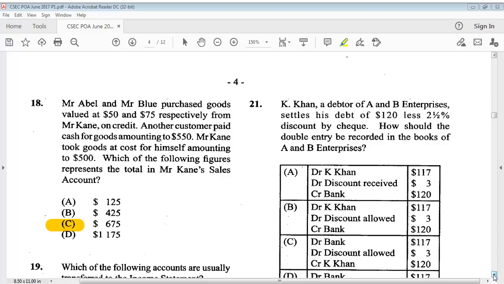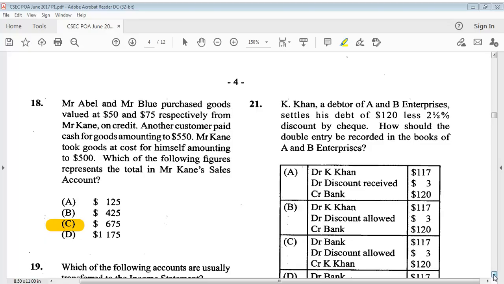Now, Mr. K. Khan, a debtor of A and B Enterprises, settles his debt. So we would credit K Khan in the books and debit bank. The bank amount would be the discount allowed deducted from the amount that he owed, which is $120.